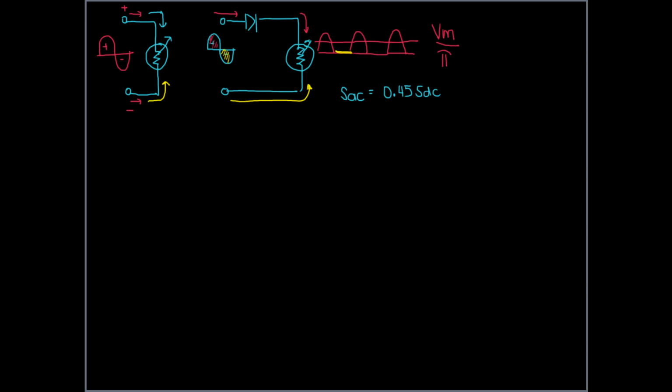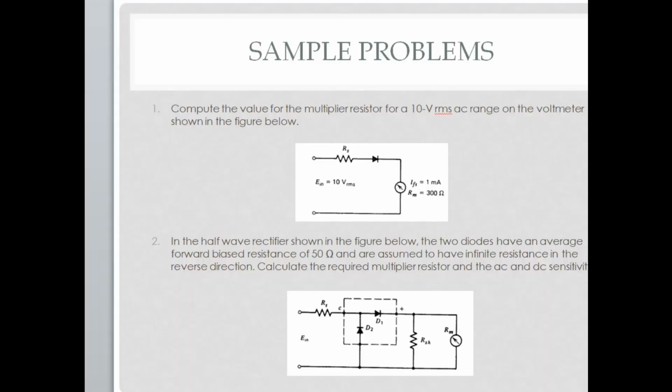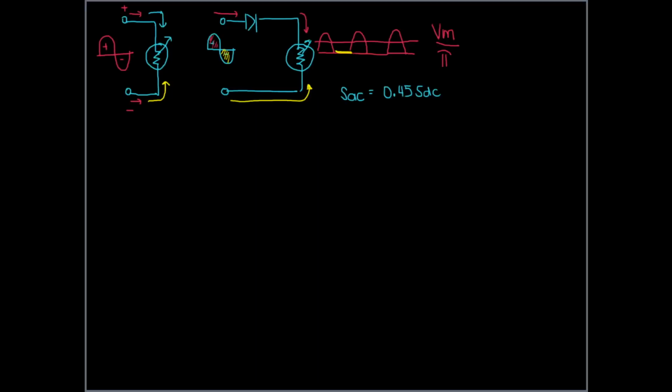So for this video, let's just solve the example. We have an example in your module, and let me just copy the example. You want to compute for the value of the multiplier resistor for a 10 volt RMS AC range on the voltmeter shown in the figure below.